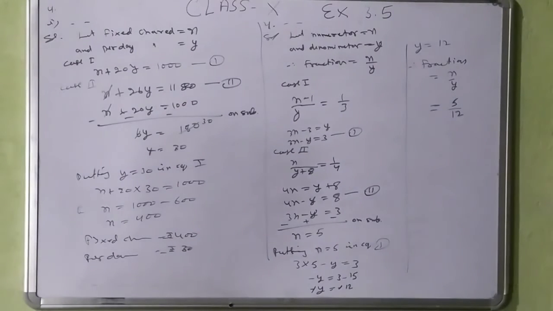Now part number 3. Yes scores 40 marks in a test, getting 3 marks for each right answer and losing 1 mark for each wrong answer. Had 4 marks been awarded for each correct answer and 2 marks been deducted for each incorrect answer, then Yes would have scored 50 marks.